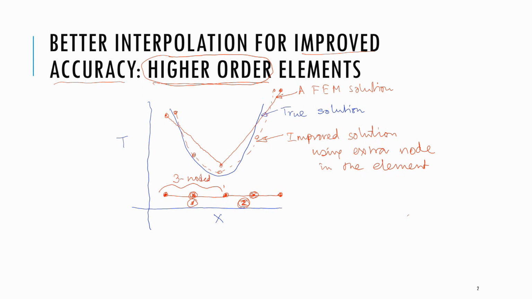So a 3-noded element, again to repeat, kind of gives an extra point for interpolation, and the interpolation is better, and it generally would be improving and going closer to the true solution. That's the whole idea of higher order elements.